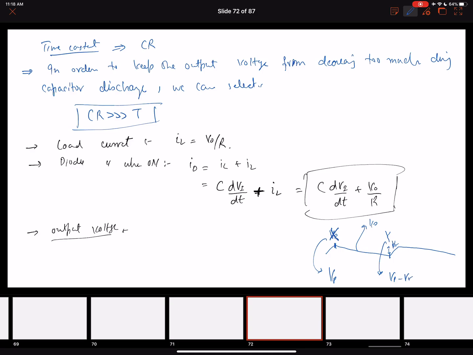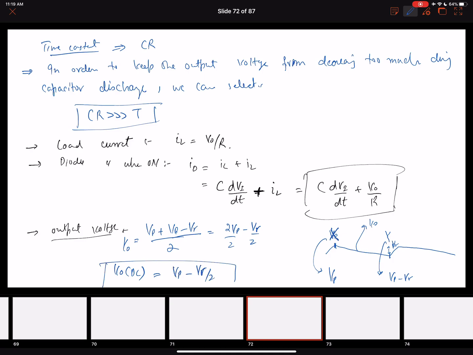So the output voltage will be the average of these 2 points, so it will be VP plus VP minus VR, divided by 2. Okay, so 2 VP minus VR over 2. So the DC output voltage will be VP minus VR over 2.